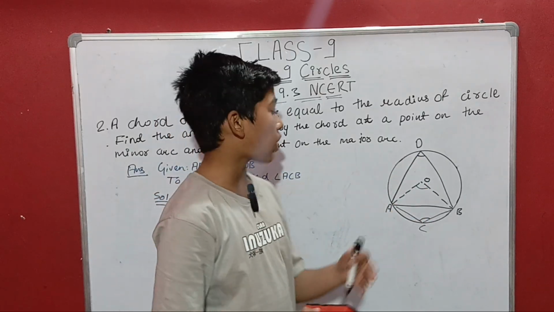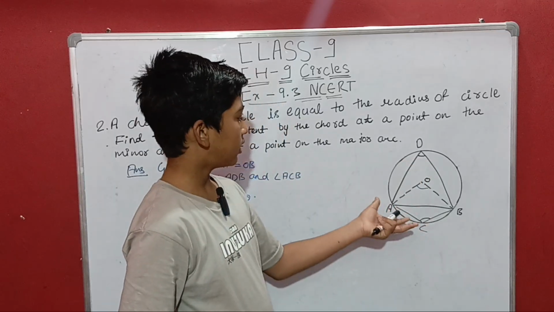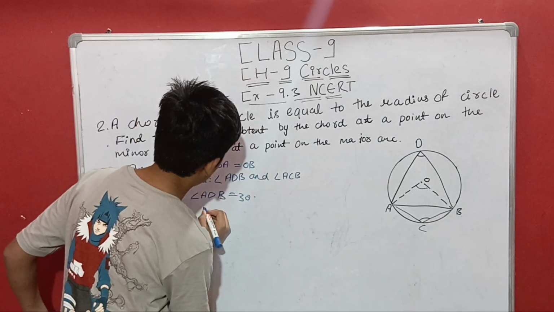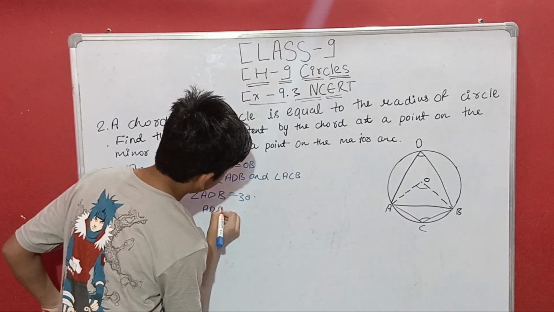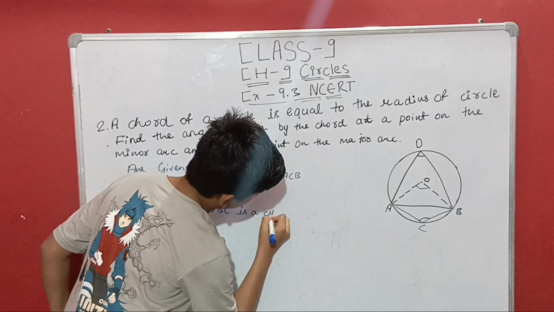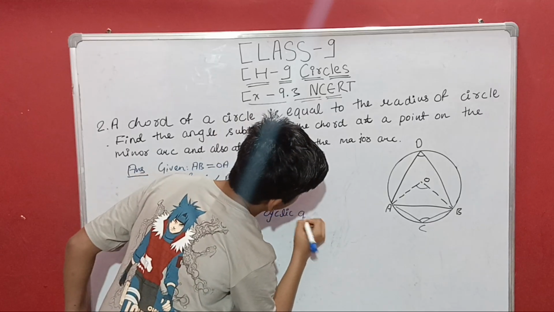Why? Because all of the points are lying on the circle itself. So we know that ADBC is a cyclic quadrilateral.